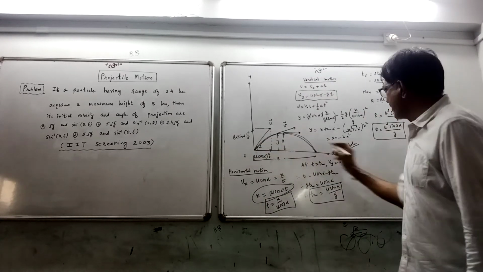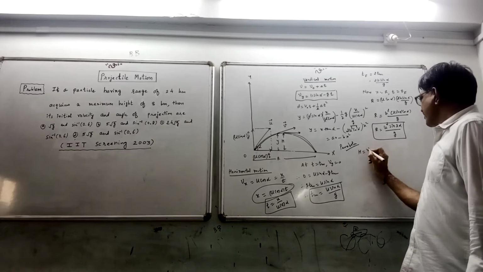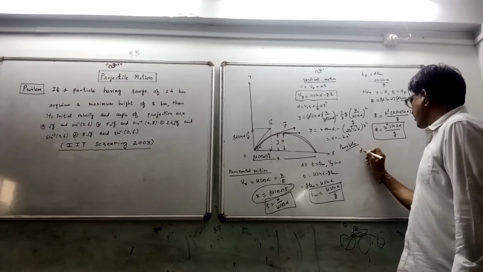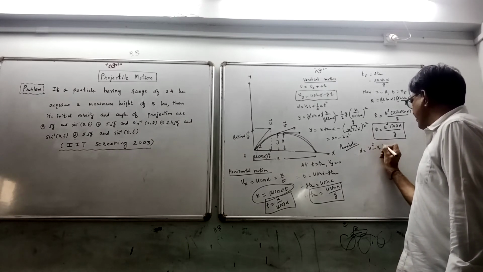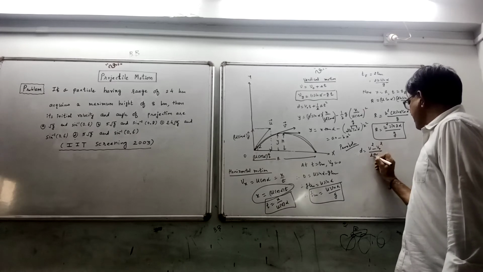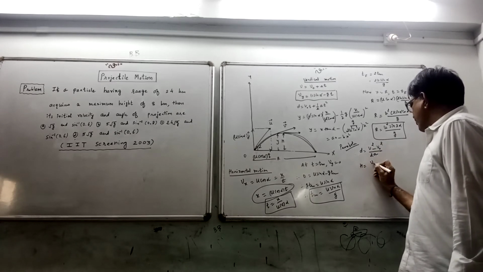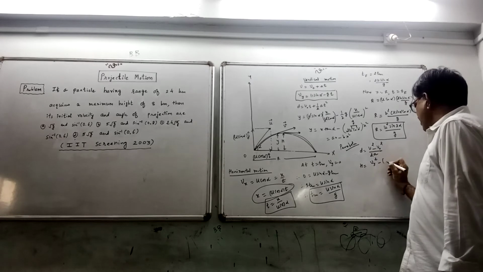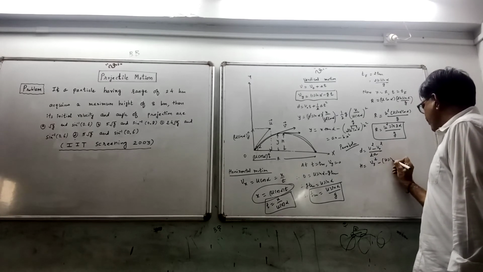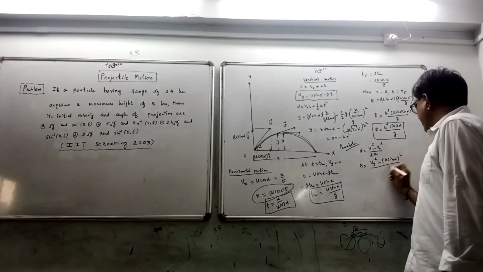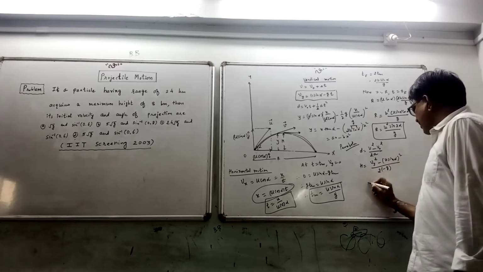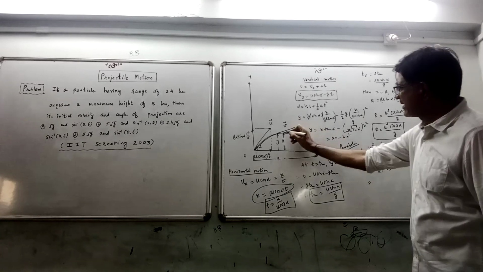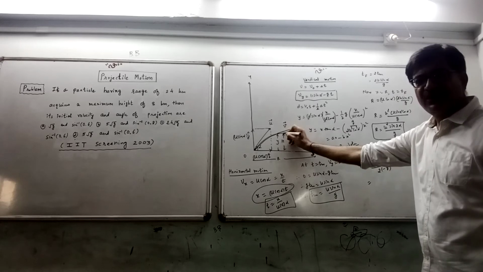Now this is called the height. We can use d equals v square minus v0 square by 2a. So h equals vy square minus u sin alpha whole square, by 2a, where a is minus g. But vy is 0 because at maximum height the y direction velocity is 0.